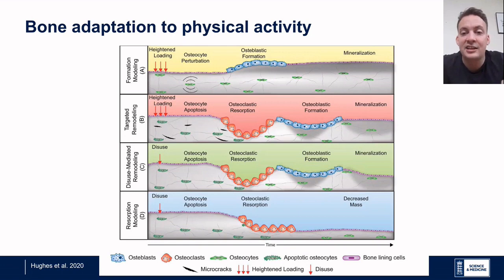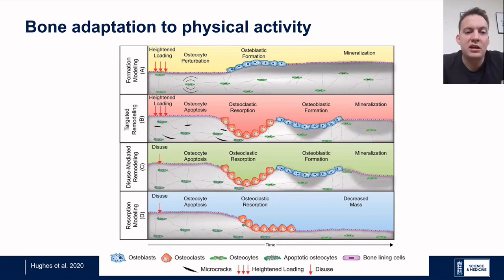But also there are then signals put out for osteoblasts to come and fill in the hole caused by the resorption. Because of this, we end up with greater mineralization and often greater bone strength properties than previously.